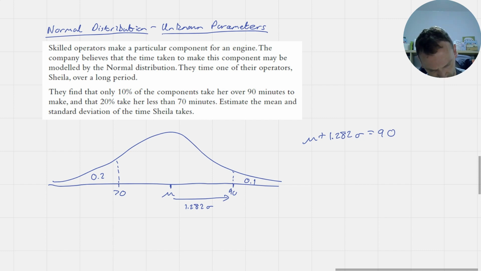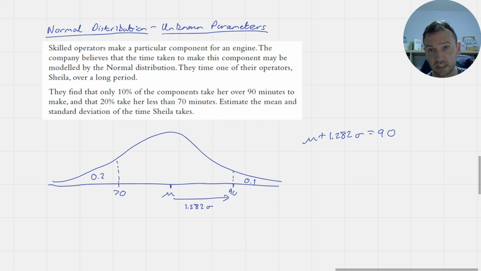We've also got this 70 down here, and we know the area to the left of that is 0.2. So again, go to your inverse normal on your calculator, put in the left-hand area is 0.2, still leaving your sigma as 1 and your mu as 0, because if we do that, it will always just tell us in terms of standard deviations. So if you go for that, you should get an answer of negative 0.8416.